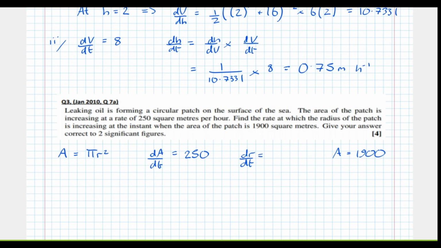Well, dr by dt we can find by multiplying two differentials together, one with dr on the top, one with dt on the bottom, and the third variable being the one that cancels, that fills the gaps. We've got dA by dt, that was given in the question. So it's dr by dA we need to find, which usually we find by differentiating an expression there.